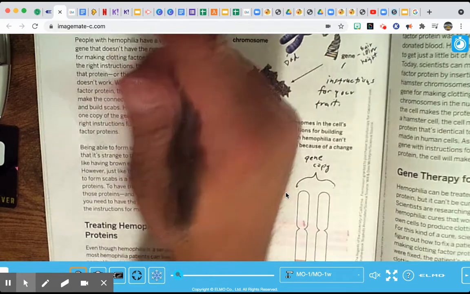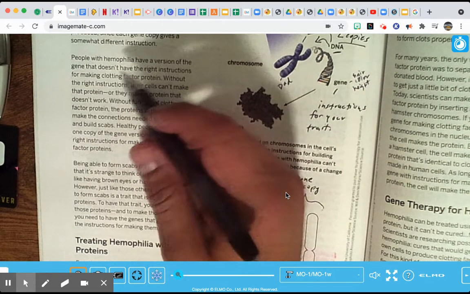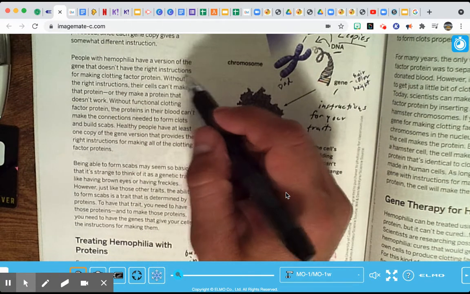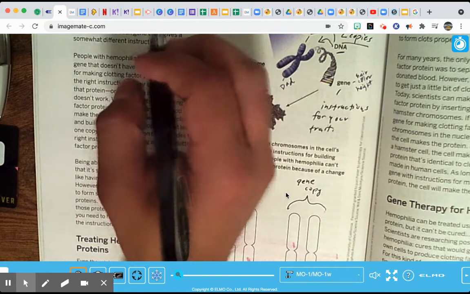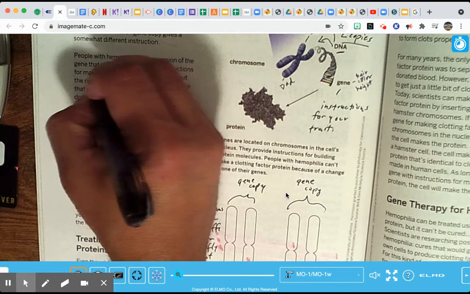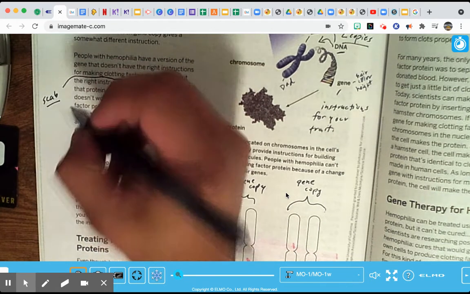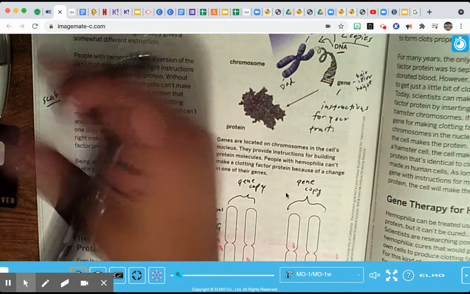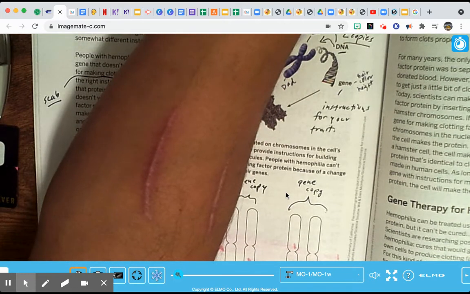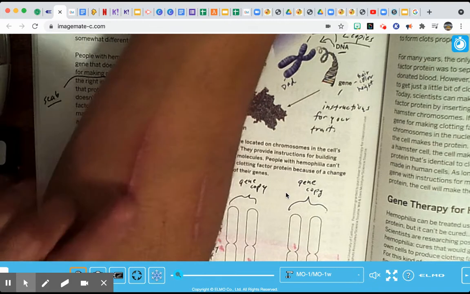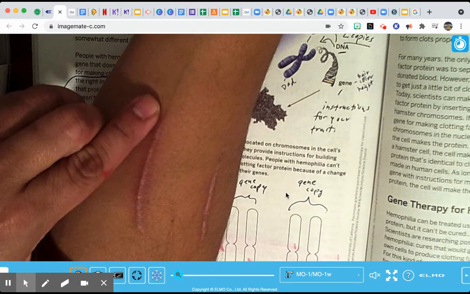So where were we? Over here. We're talking about people with hemophilia have a version of the gene that doesn't have the right instructions for making clotting factor proteins. Remember, when you see the word clotting, think about scab, creating a scab. If your body doesn't create a scab, like look at my arm right here, I got this cut, and this is a scab that has formed.